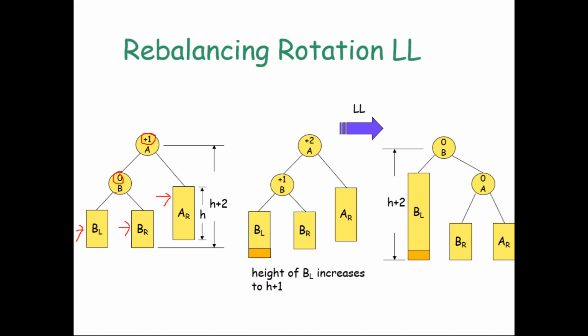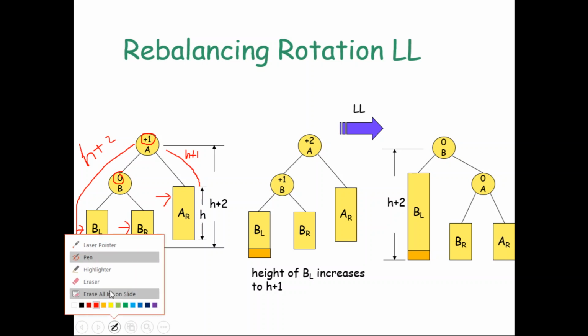The height of the left subtree of A is h plus 2, and the height of the right subtree of A is h plus 1. This is h, so if you include this also, it becomes h plus 1. So h plus 2 minus h plus 1 is 1, right? So this is a balanced tree.